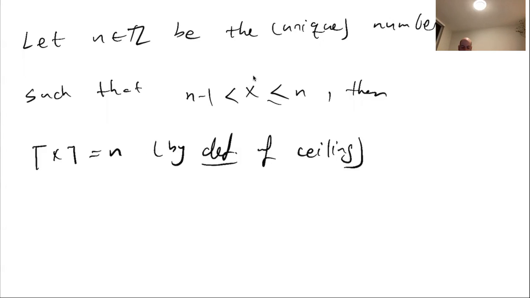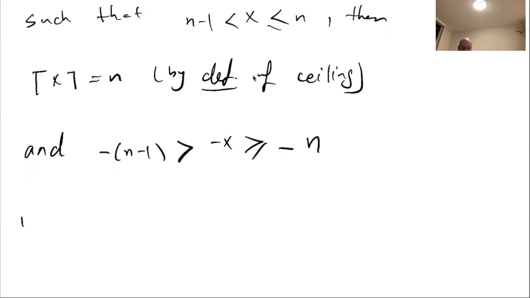And what about the floor of minus x? If I multiply everything by minus 1, minus n plus 1 becomes bigger than minus x, which is bigger than or equal to minus n. When you multiply an inequality by a negative number, the inequality flips. And this means minus n is less than or equal to minus x, which is less than minus n plus 1.